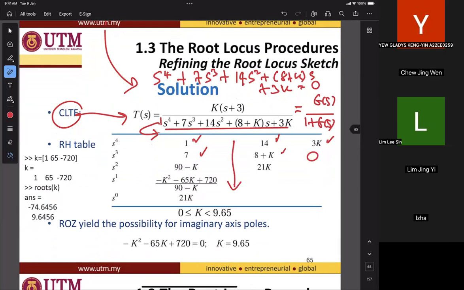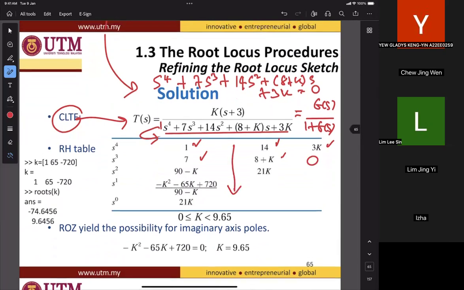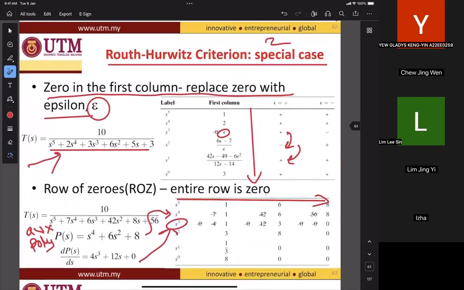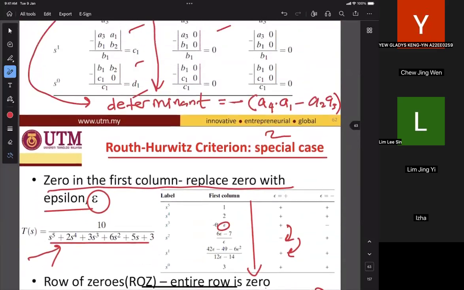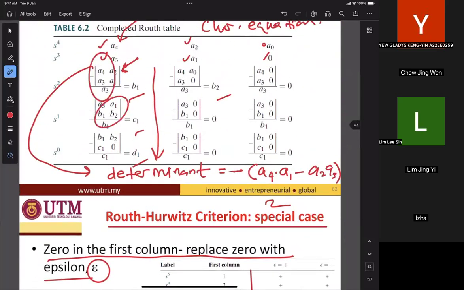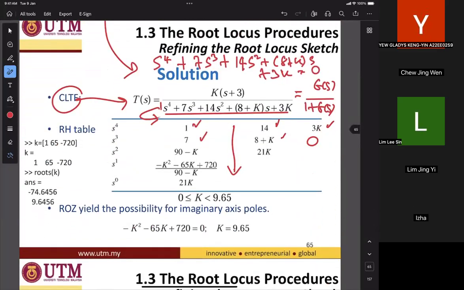And then continue to fill up. Okay, so I don't want to show this one. You can already refer to this formula because this is the one that you learned already last semester. Okay, you just use this formula. And then you will get this polynomial on S squared, S power of 1 and S power of 0.